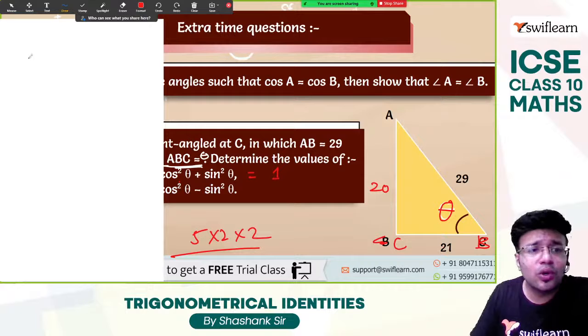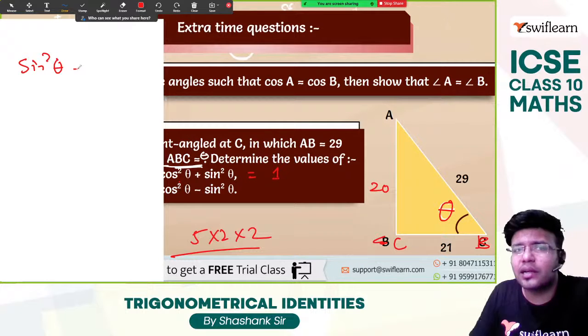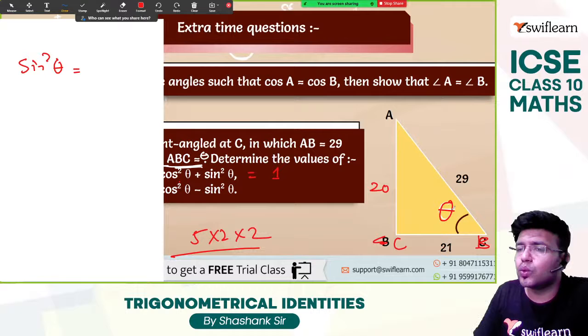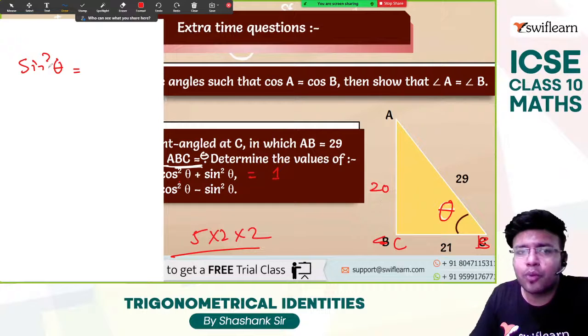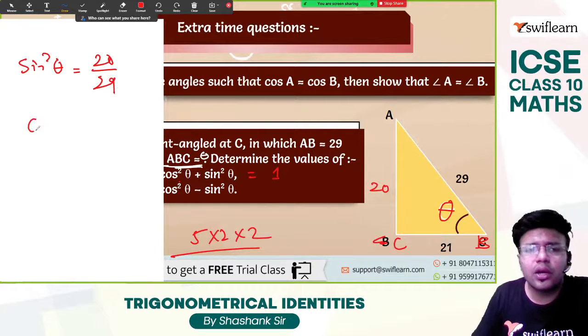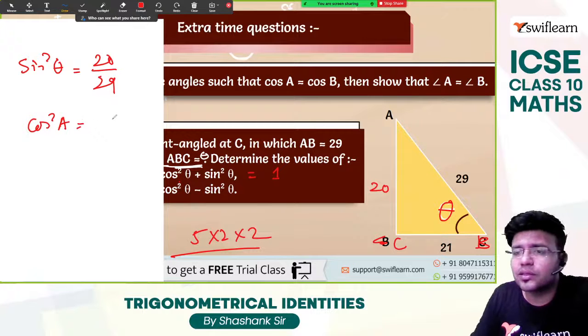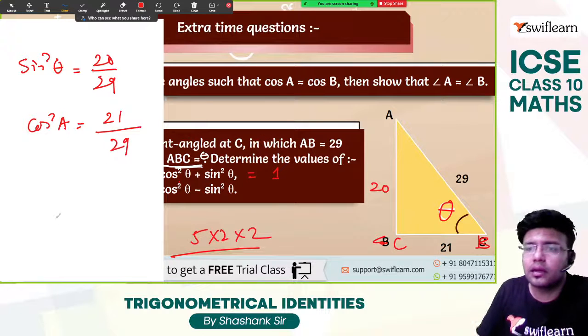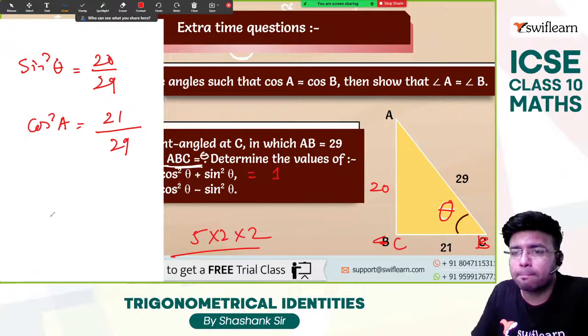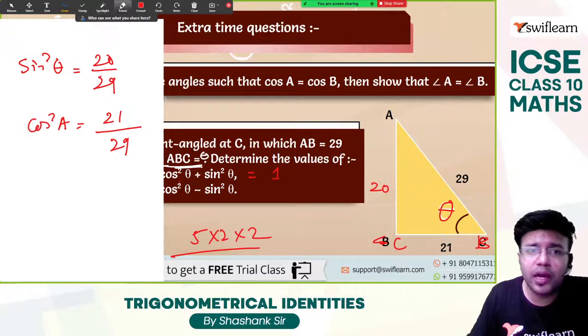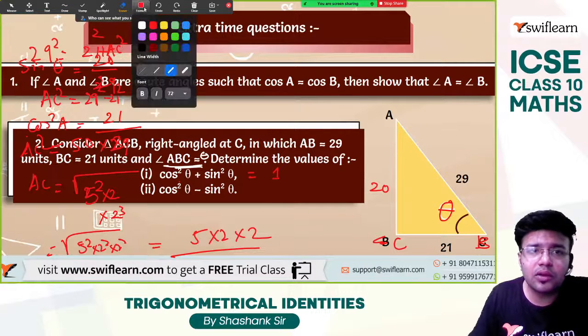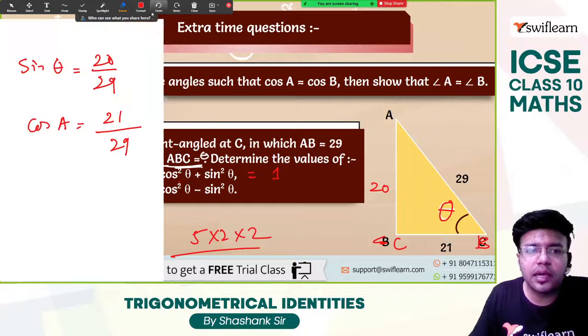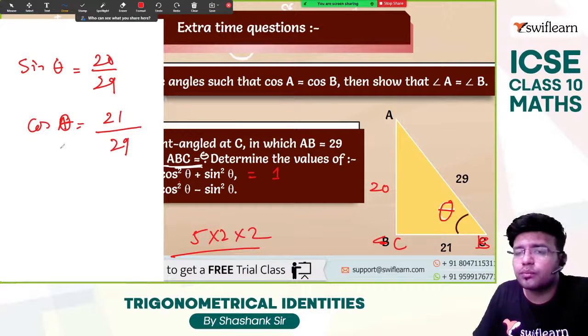Still, sine theta is equal to perpendicular by hypotenuse, 20 by 29. Cos theta is equal to base by hypotenuse, 21 by 29. Sorry, I mean to say sine theta, not sine square theta, guys. Sine theta is 20 by 29, cos theta is 21 by 29.